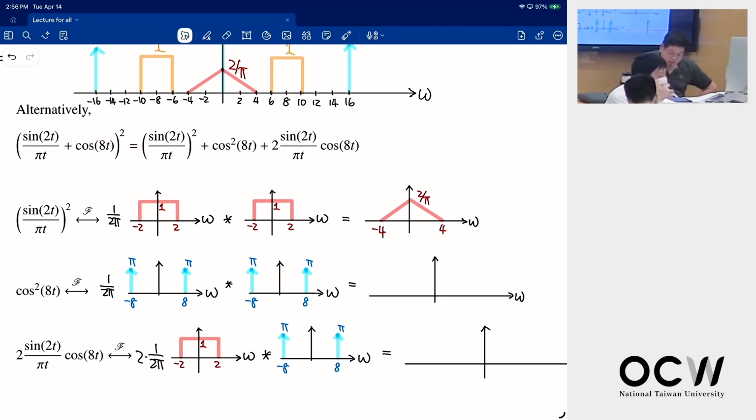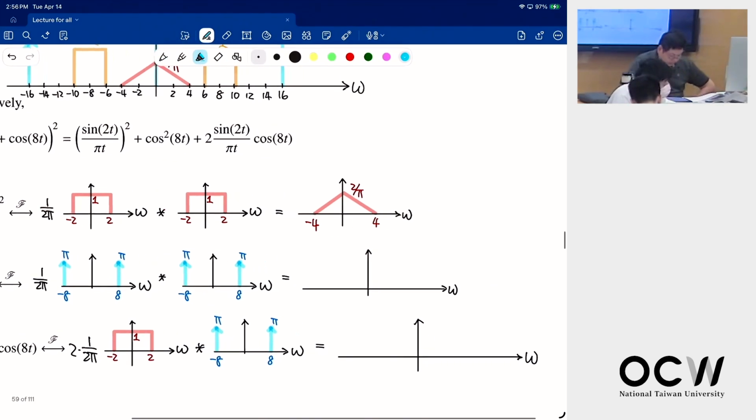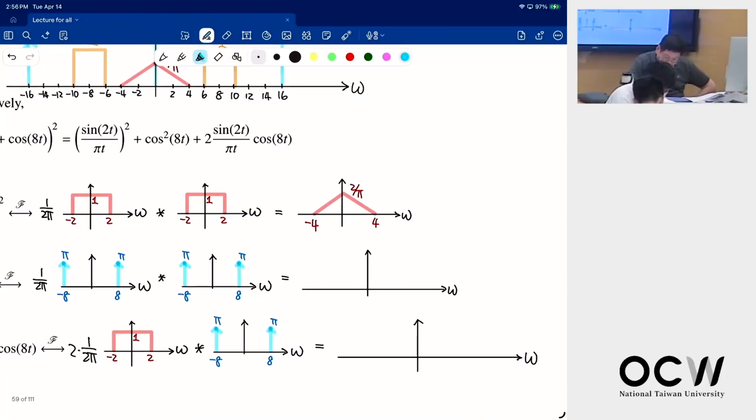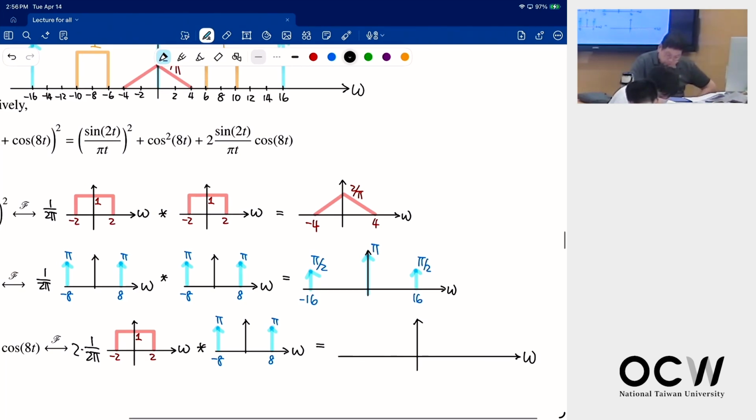So you should get here pi, and then pi over 2, and pi over 2. So this is pi, and at 16 and -16, I have pi over 2. And here is 0.